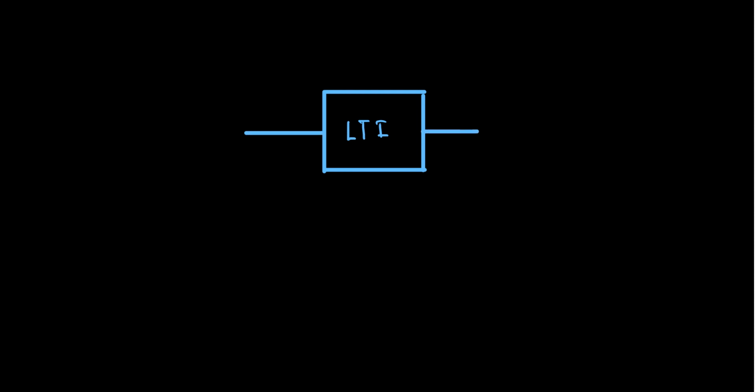So I'm drawing this figure once again. And let's suppose we are giving some complex exponential as an input, say a e to the power j omega t, we'll get the same exponential as an output, that is e to the power j omega t, but there would be a change in the amplitude, and that change is well defined as h of omega.